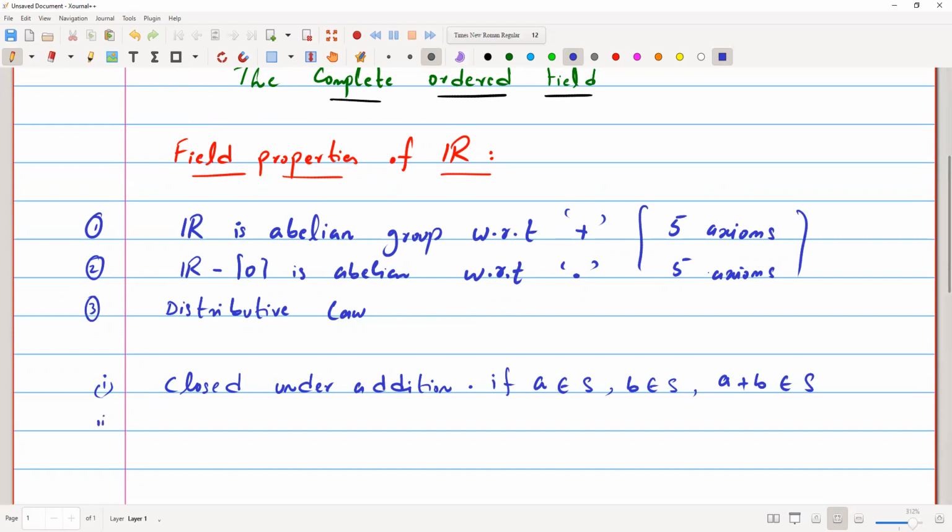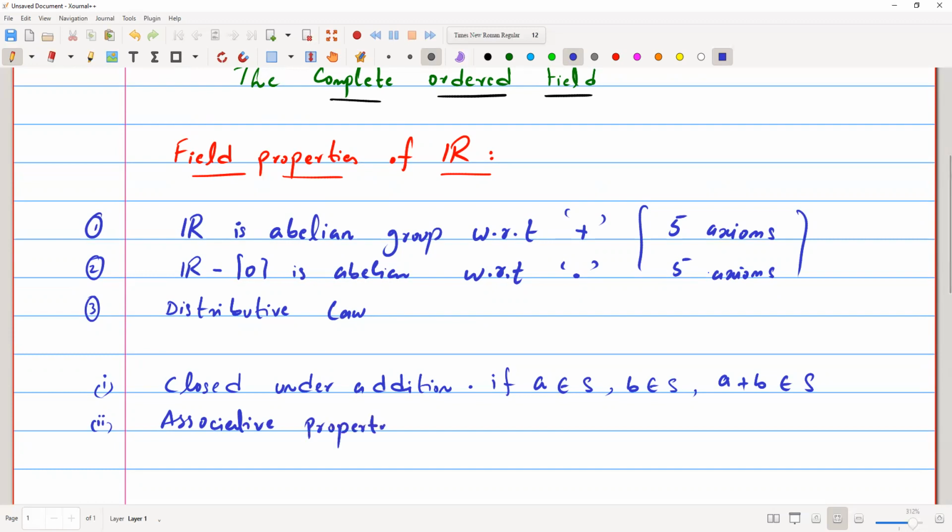And then we have the associative property.